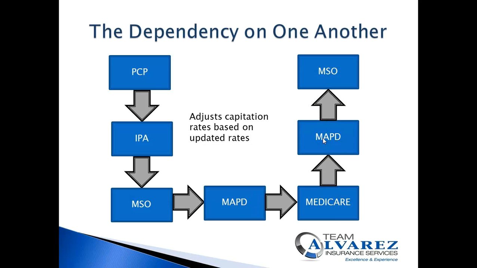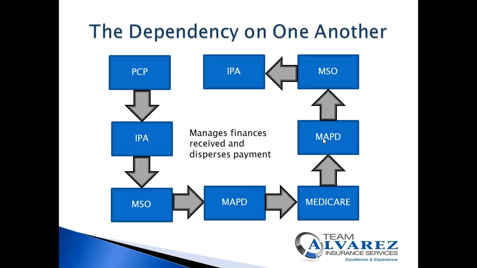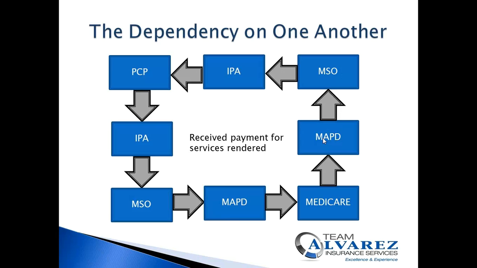Then the MSO adjusts internally the capitation rates based on whatever information is updated. A lot of times what happens is they advise the IPA as well of low-performing providers, which in some cases results in a termination. The IPA manages the finances based on the payment received and dispersed back to the PCP, who finally gets paid for all his hard work and effort that they do daily treating your wonderful patients that you assign to them.